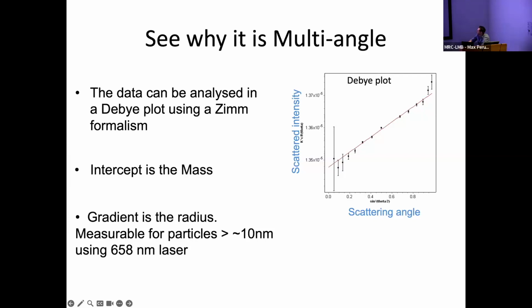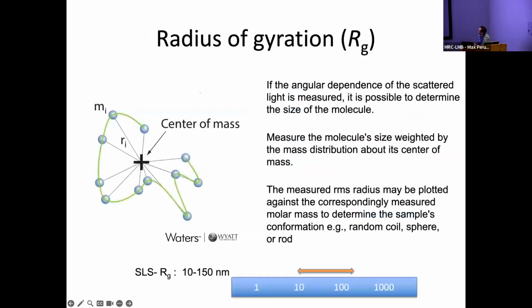So the gradient gives the radius, what it actually is is the radius of gyration. If the angular dependence of the scattered light is measured, it's possible to determine the size of the molecule. The molecule size is weighted by the mass distribution about its center. You can plot this RMS radius, or radius of gyration, against the molar mass, and that can then give us the sample's conformation.